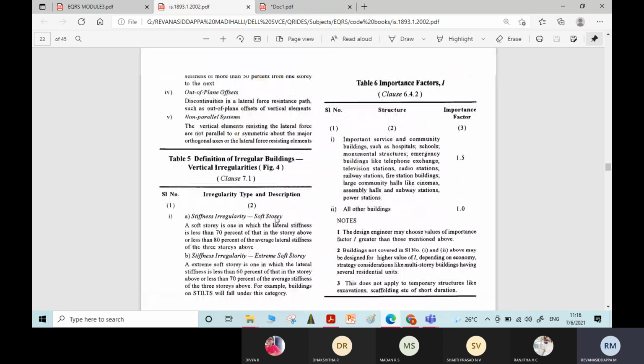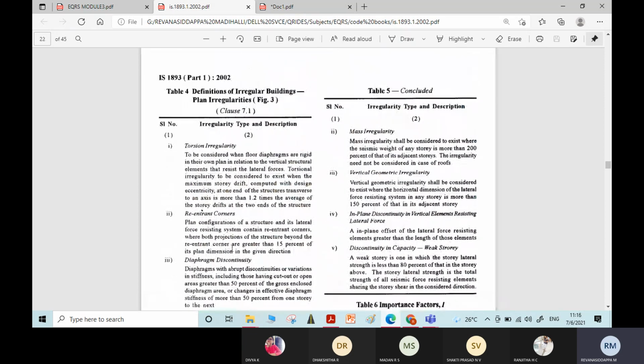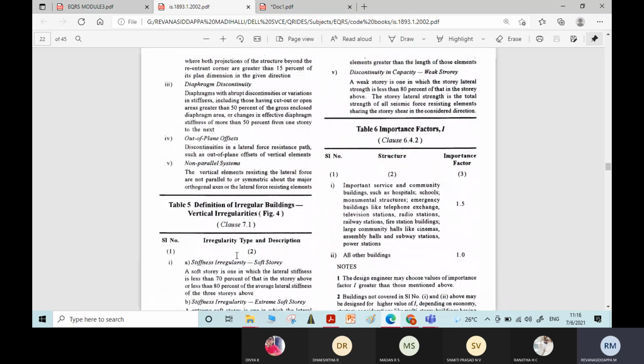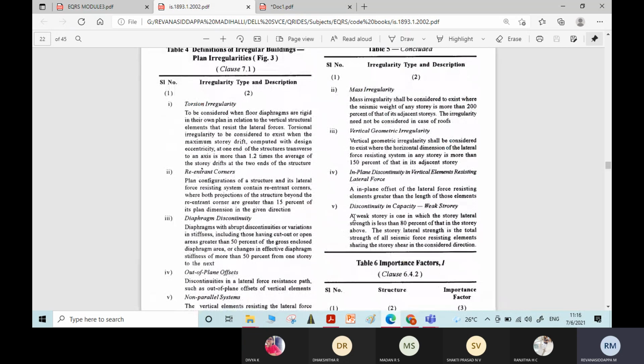Now we have studied vertical irregularity with respect to stiffness and mass. Next comes geometry. With respect to geometry, how do we consider the vertical irregularity?